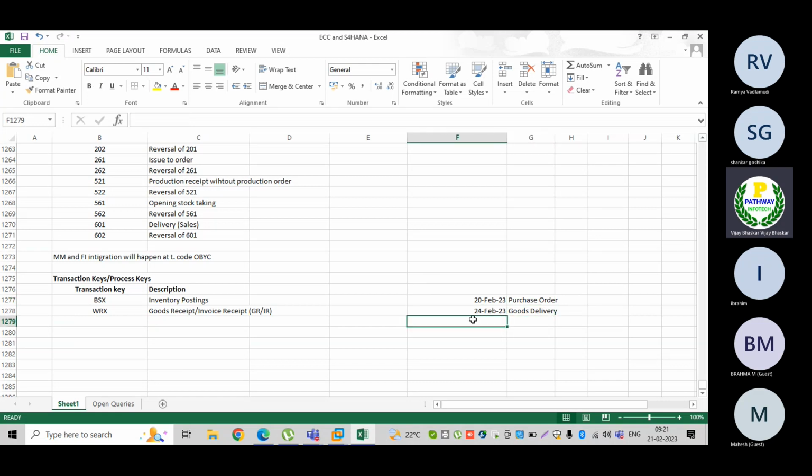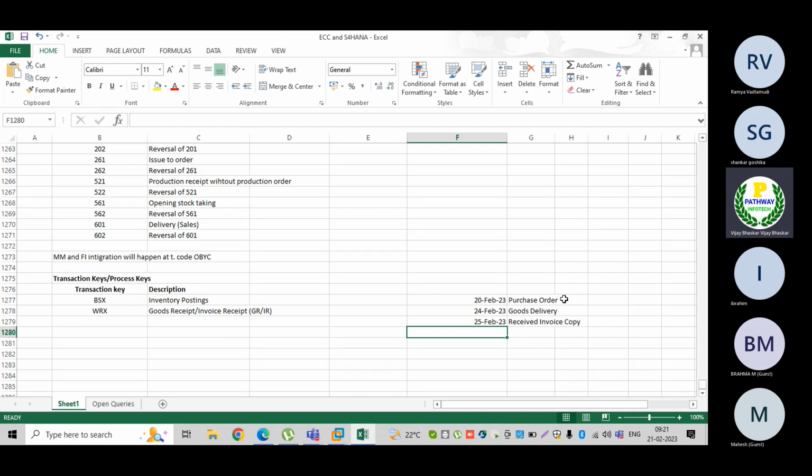Then on 25th of February, received an invoice, received invoice copy.